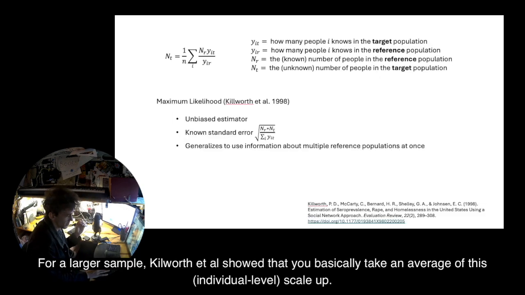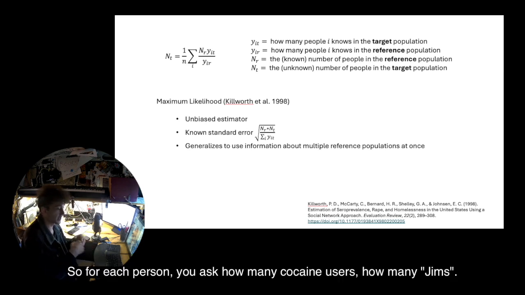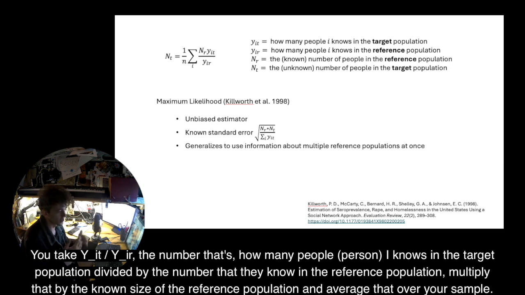For a larger sample, Killworth et al. showed that you basically take an average of this scale-up. So for each person, you ask how many cocaine users, how many gyms, you take this ratio, the y_iT, the number that person i knows in the target population divided by the number that they know in the reference population, multiply that by the known size of the reference population, and average that over your sample.